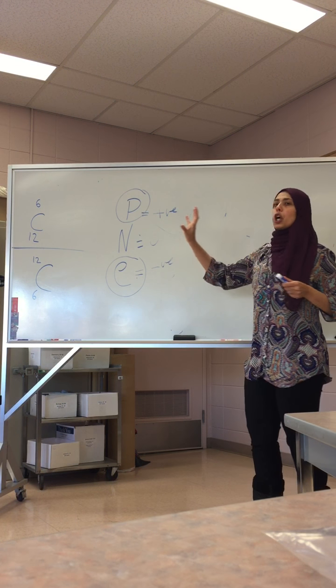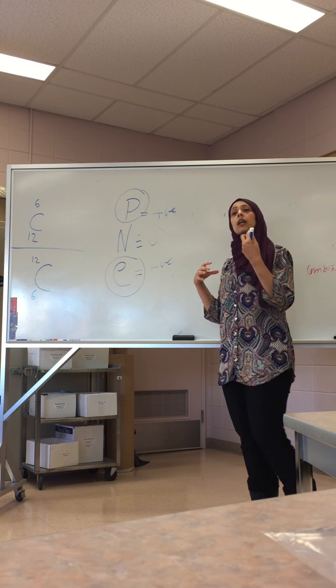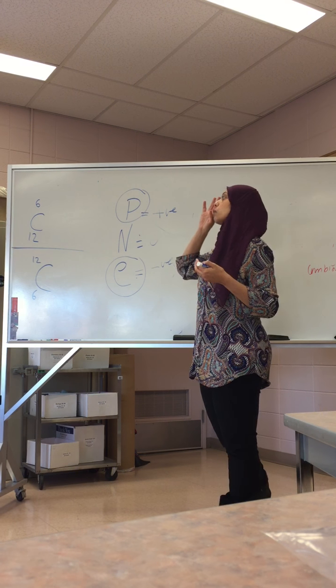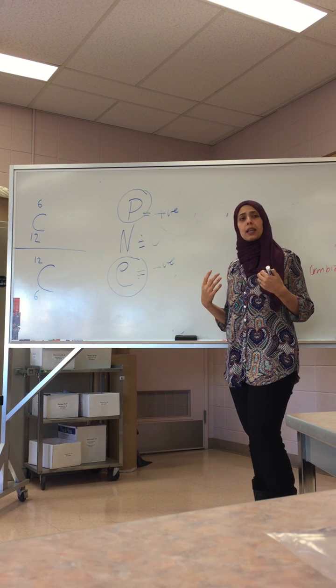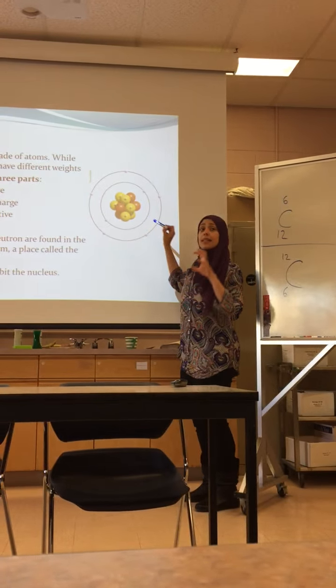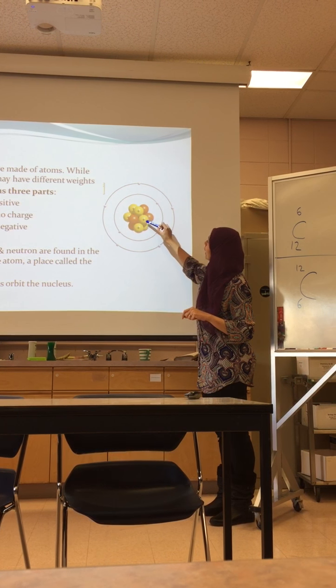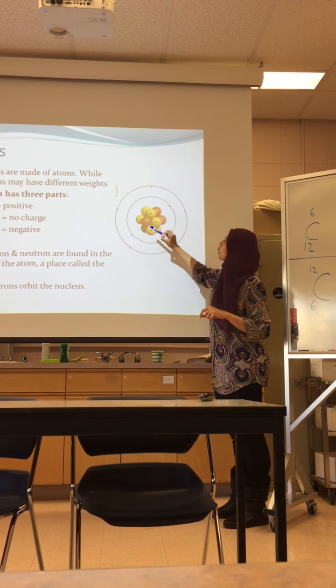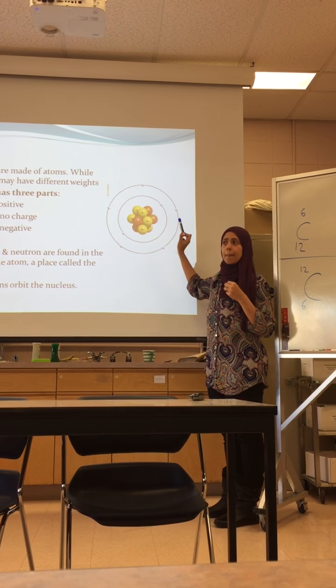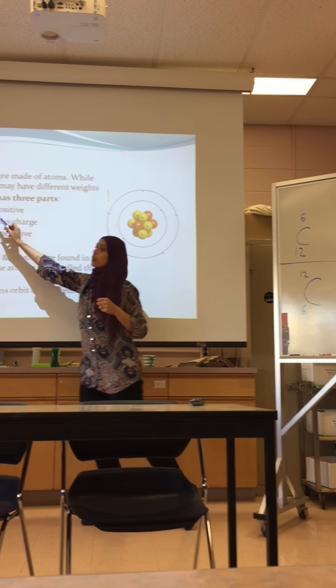And in here, you don't have to know the shells in the atoms at this stage. However, looking at this diagram will just facilitate the understanding of the topic. In the center of the atom, which we call the nucleus, we can see positive charges. What do we call positive charges?